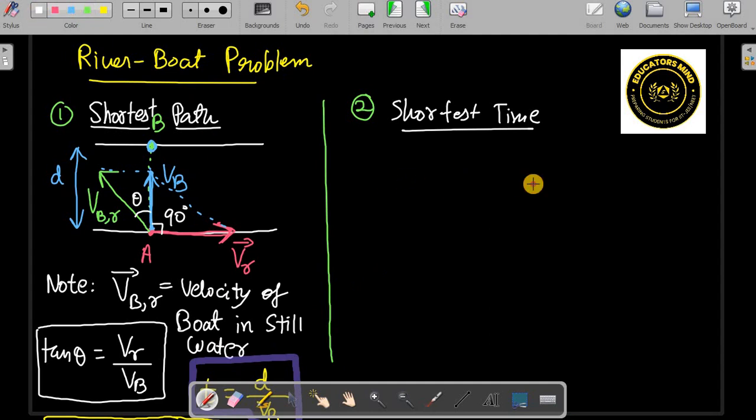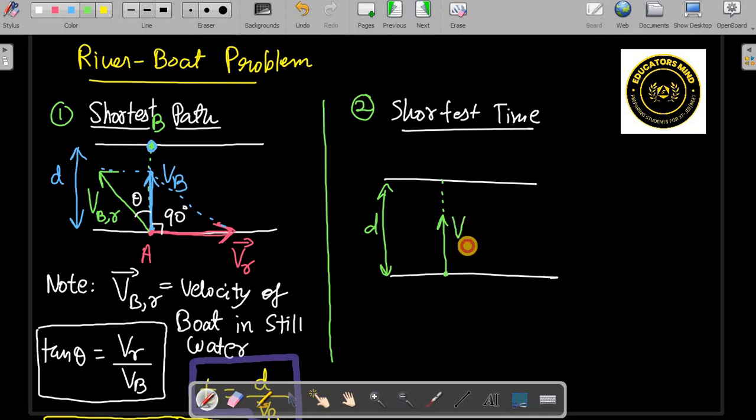Shortest time means he has to keep the direction of the relative velocity directly across, like this, okay. So this will be the relative velocity of the boat with respect to the river, and this is the velocity of the river. So the resultant will come in some other direction.